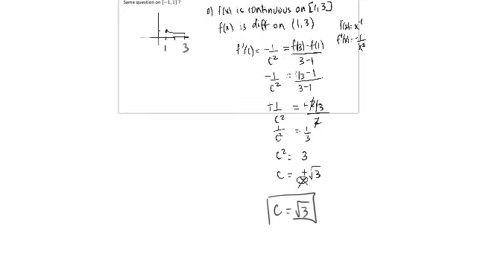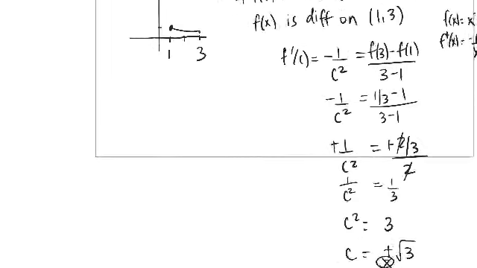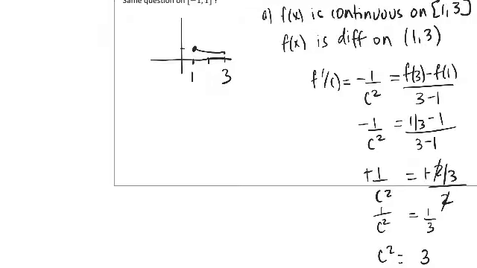Okay, so the square root of 3 turns out to be roughly 1.7320. Keep it to 4 decimal places. So what we're saying is that precisely at 1.73, if you draw the tangent line, that's going to be parallel to the secant line across that whole interval.